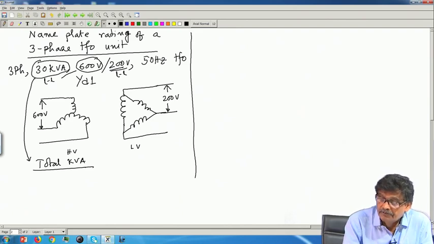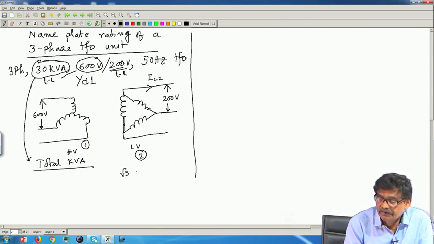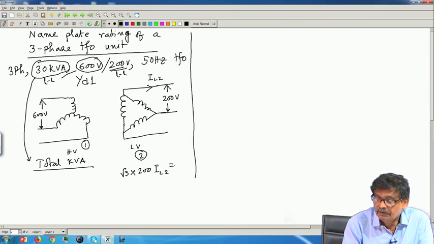For example, if I call this side 2 and this side 1, I will say this line current IL2 will be given by root 3 into secondary side line voltage, that is 200 volt, root 3 VLL into IL2 is equal to 30 kVA, and from which I will be able to calculate IL2.